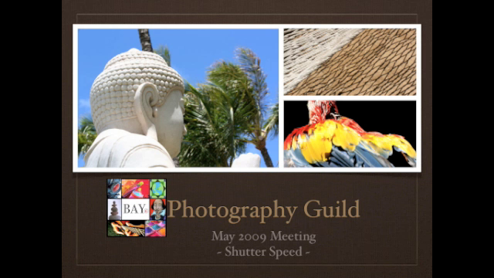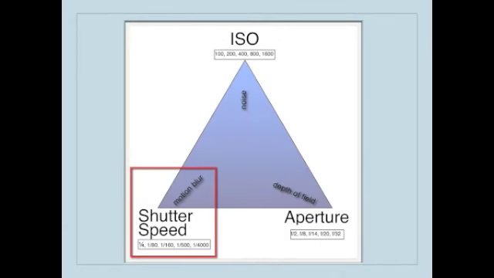So anyway, let's get started. We're going to be talking about shutter speed today. So here is our exposure triangle that we've been working with. And in previous episodes, we talked about aperture and how that controls our depth of field when we're taking a photograph.